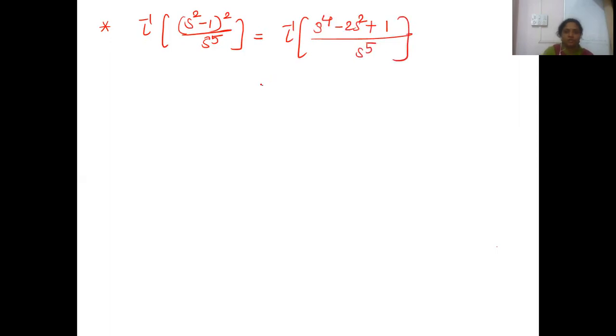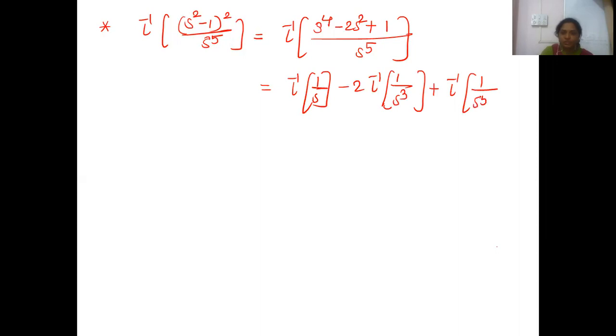Now you can do this. s raised to 4 upon s raised to 5 is 1 upon s. Minus 2 Laplace inverse s square upon s 5, that is 1 upon s cube, plus Laplace inverse 1 upon s raised to 5. What is this? 1, minus 2 t raised to 3 minus 1 upon 3 minus 1 factorial, plus t raised to 5 minus 1 upon 5 minus 1 factorial.